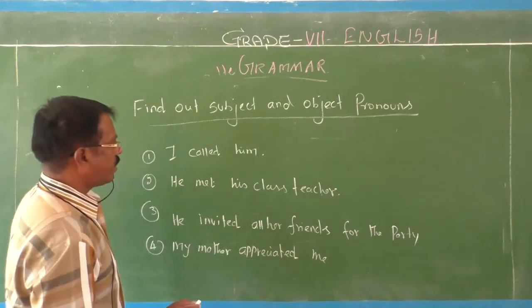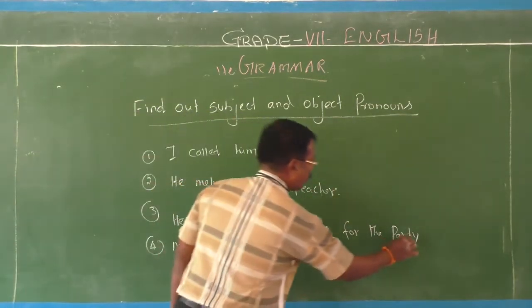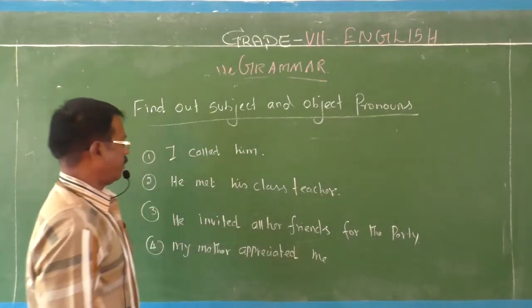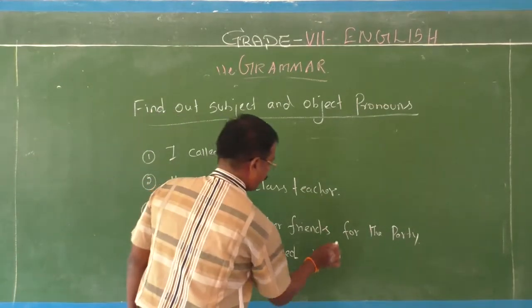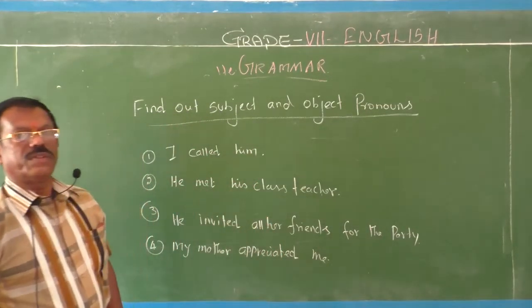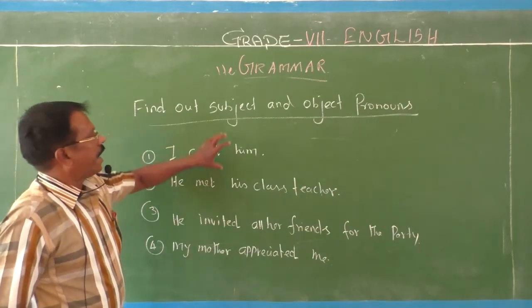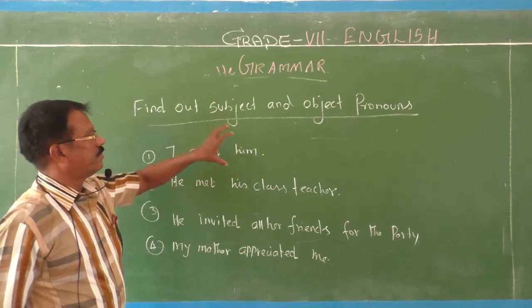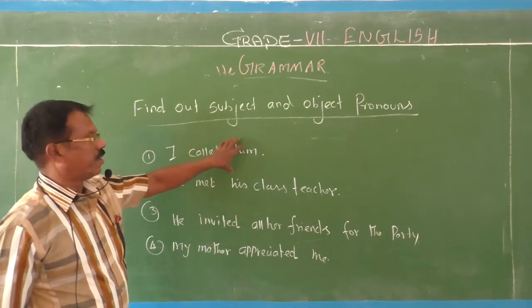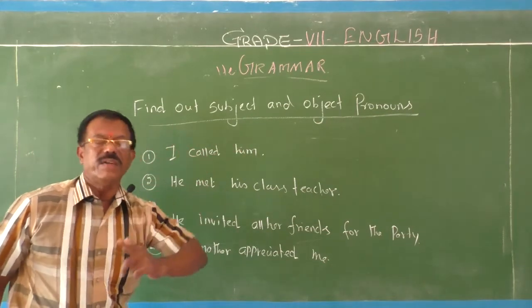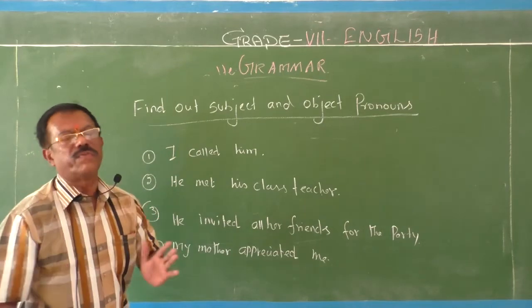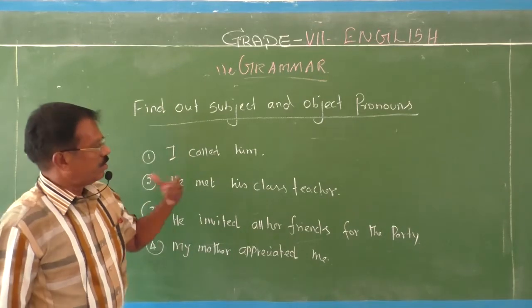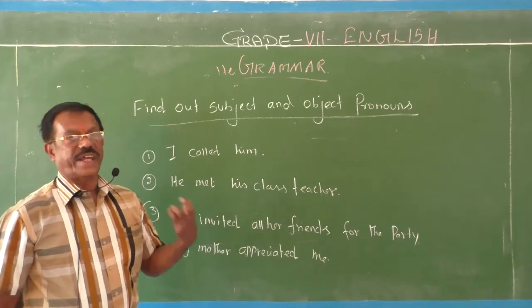He invited all her friends for the party, full stop. And then my mother appreciated me, full stop. Here I would like to say one thing, children. A subject pronoun or object pronoun need not be a single word. Sometimes it may be a group of words. Okay, so you have to understand that.